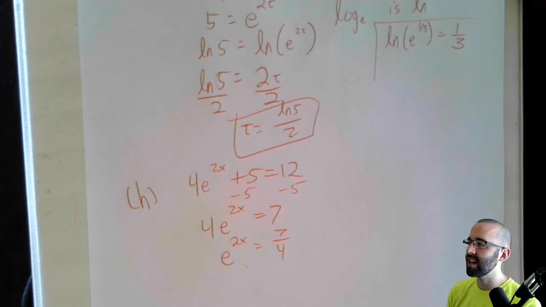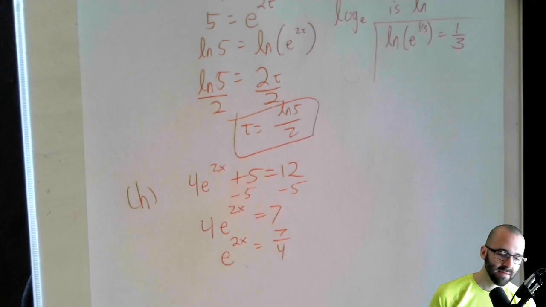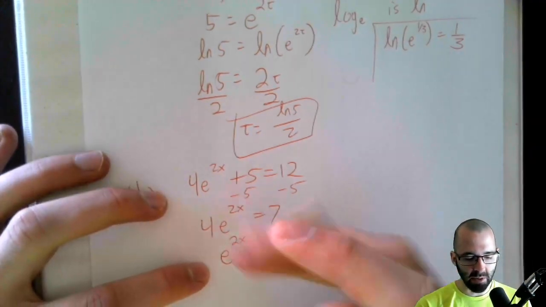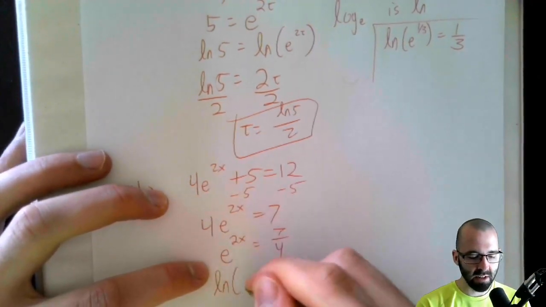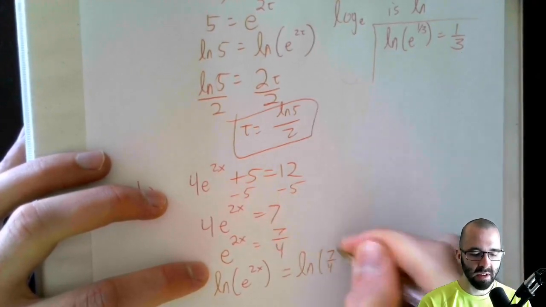Let's undo the exponential with its inverse. The inverse of e to the x is natural log. So we're going to natural log the whole thing. Okay? So, natural log of e to the 2x equals the natural log of 7/4.